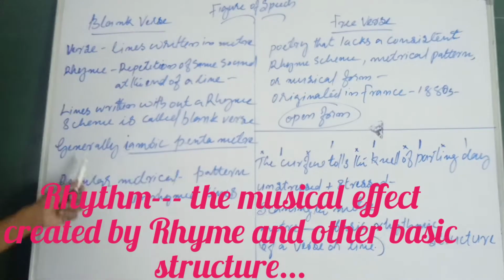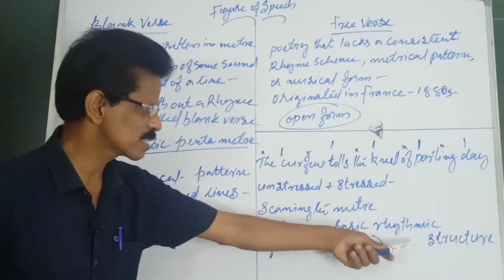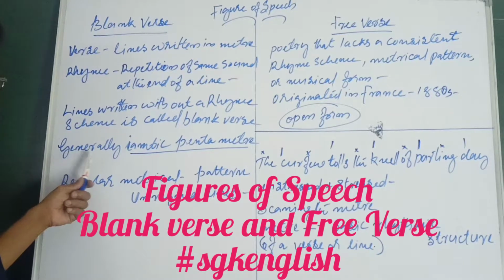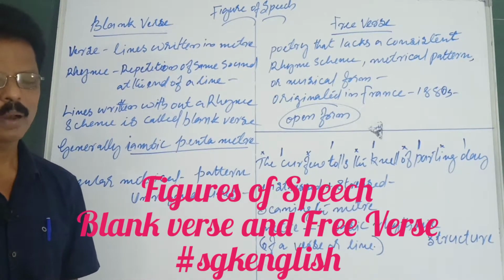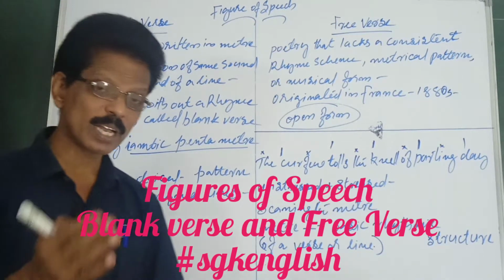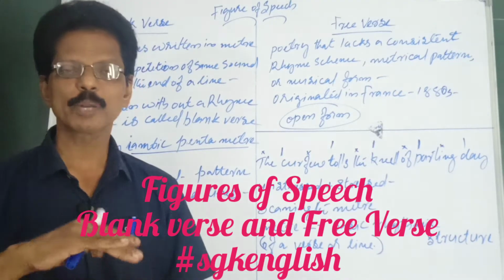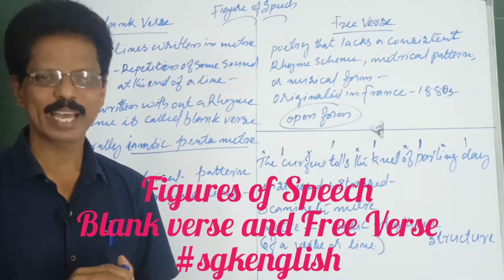But it will have a structure. What's that? A rhythmic structure will be there. That is iambic pentameter. Iambic means an unstressed syllable will come first, a stressed syllable will come second. In Telugu or any other language, it is there.